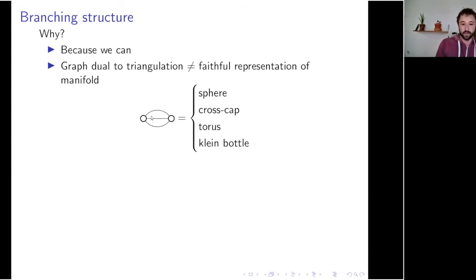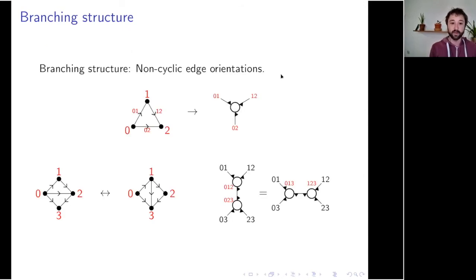For example, if you consider this graph here consisting of two triangles, then depending on how I glue the edges of the triangles together, I can obtain either a sphere, a cross-cap, a torus, or a Klein bottle. So this is not a good faithful representation of manifolds. This problem is lifted if I introduce a branching structure, because that allows me to distinguish between the different edges, and it also fixes in which direction I glue two edges, because the orientations have to align.